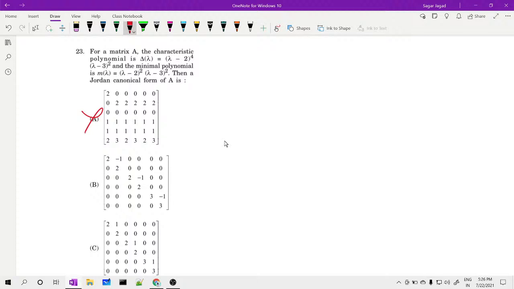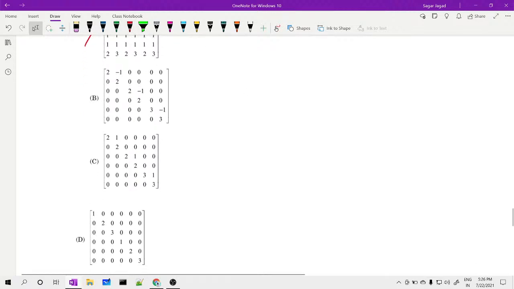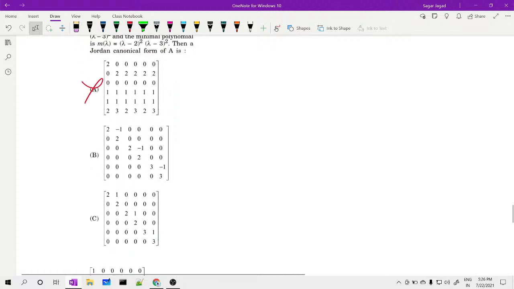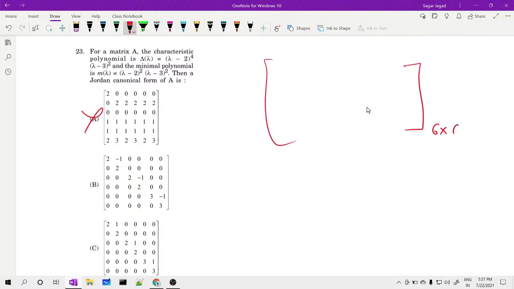The dimension is 6, so it should be 6 cross 6. In that, for 2 there should be 4 entries, so this is fine. For 3 there should be 2 entries, and that is also correct. From the data, I know it would be a 6 cross 6 matrix.